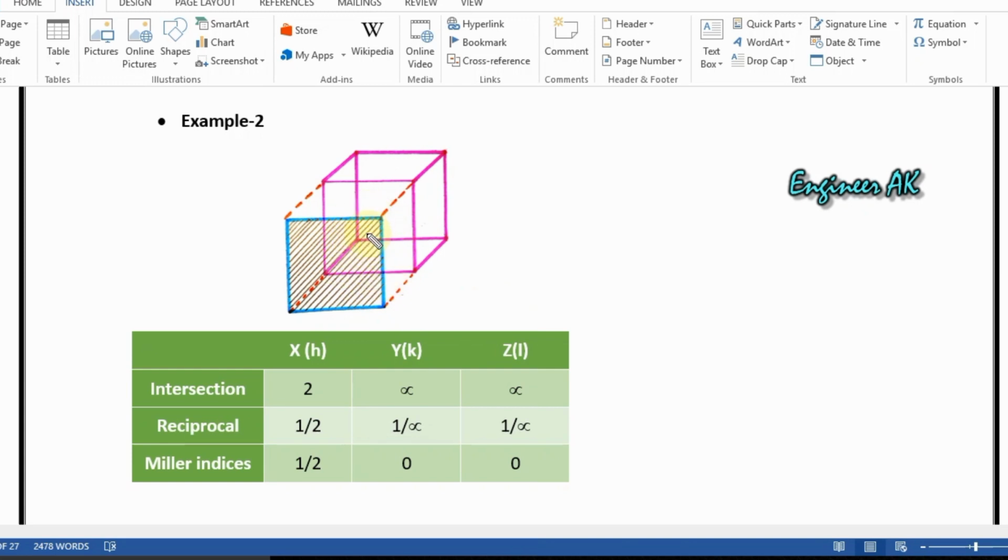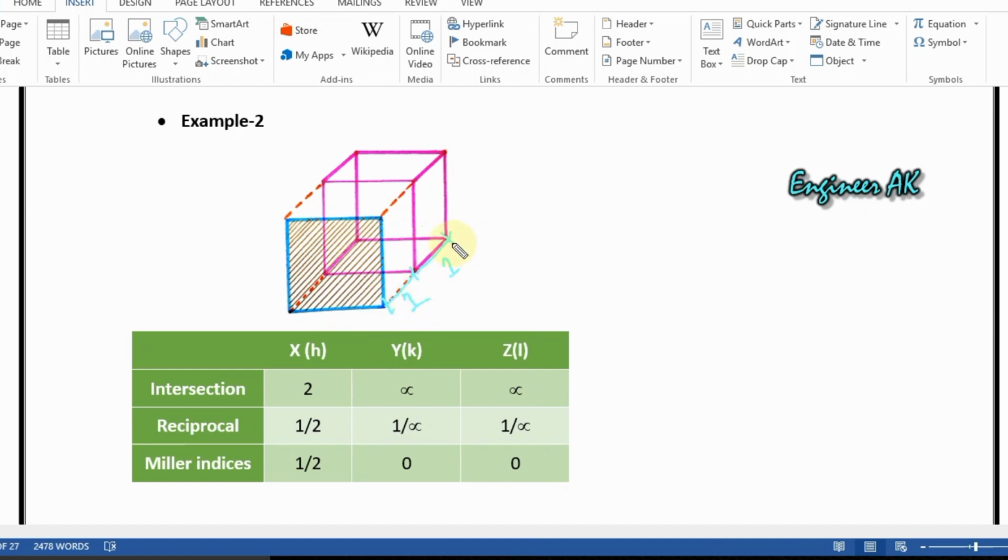Let's suppose this time I am taking this as my origin. We know that from here to here it's 1, and then from here till here it's 1.